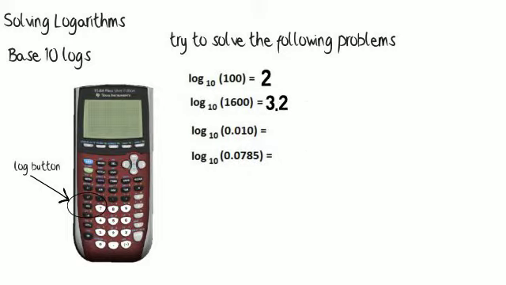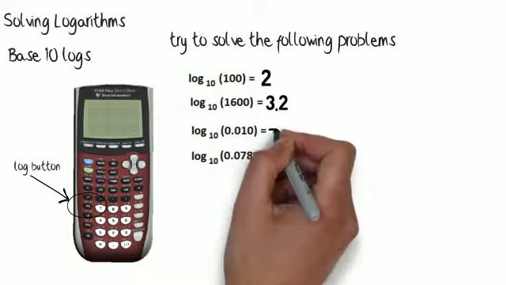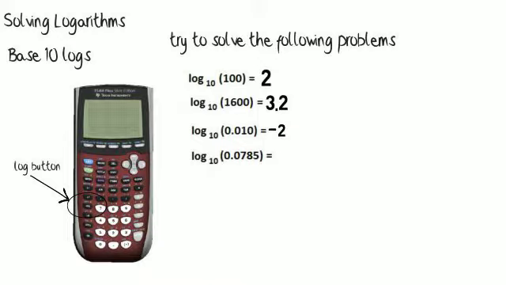You get log of 1600 is 3.2, log of 0.01 is -2, and log of 0.0785 is -1.11. So that's how we can solve very simple logarithmic functions.